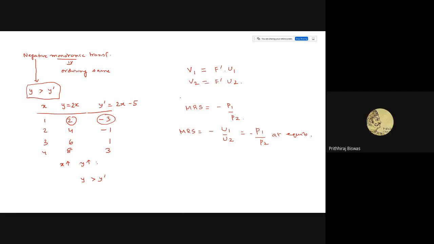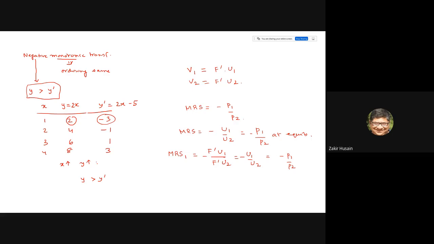No, sir. Why? So the ratio will be same. V1 by V2 is equal to f prime U1 by f prime U2. F dash will cancel out. So we have MRS, which is simply U1 by U2. So is the equilibrium condition changed? It is not.